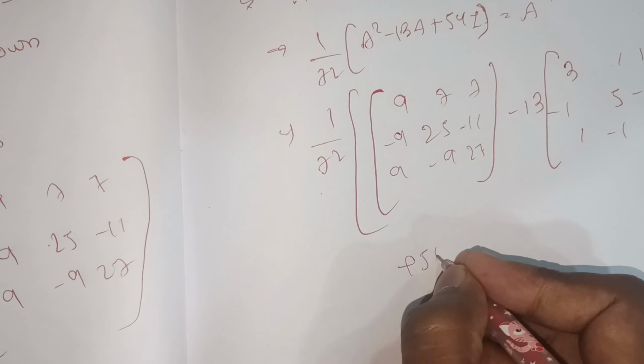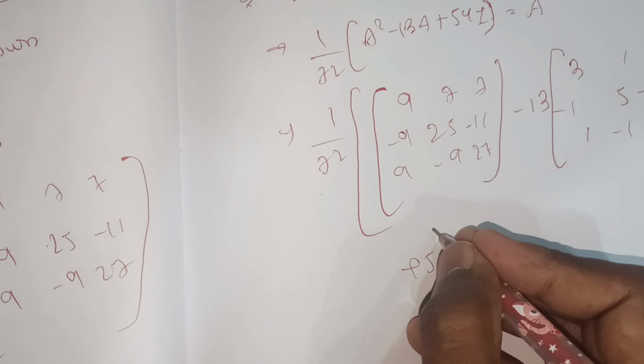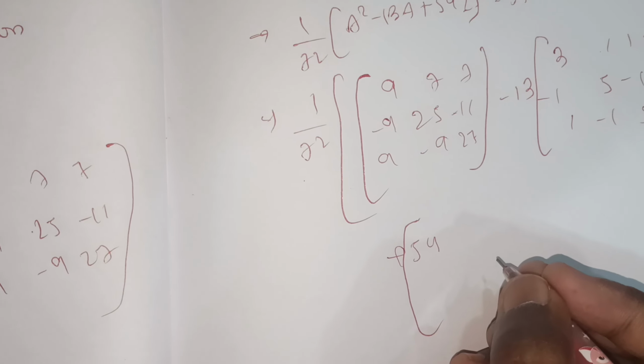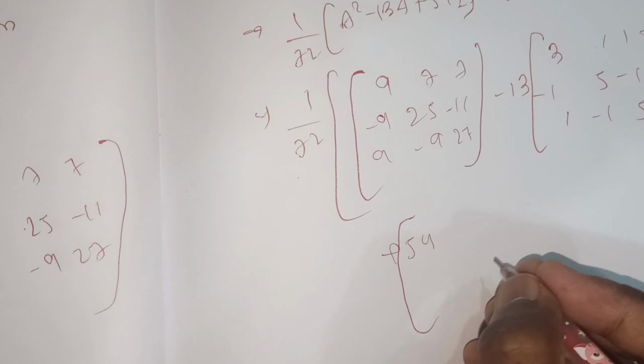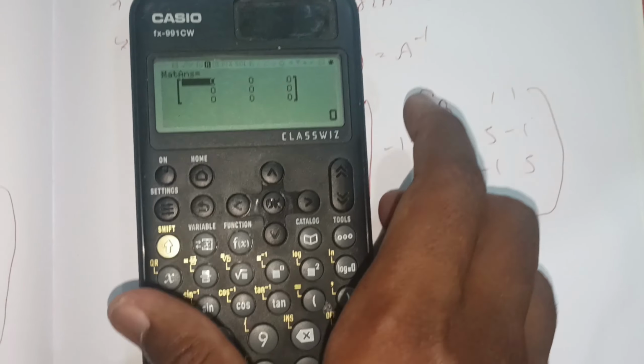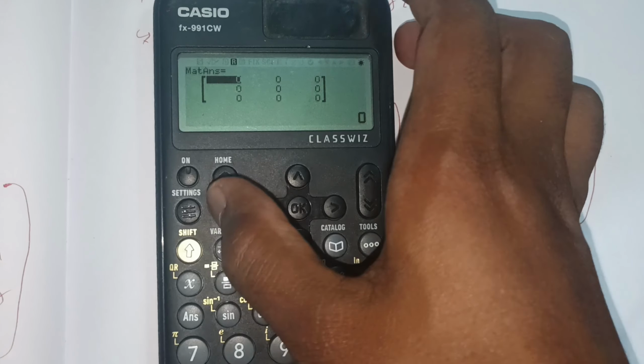Next 54I. 54I is what here? 54 54 54, 0 0 0 0 0 0, equal to what? Let's find it out. It's the value of the A inverse. So let's do it by using calculator here, and also at last we will verify the answer.